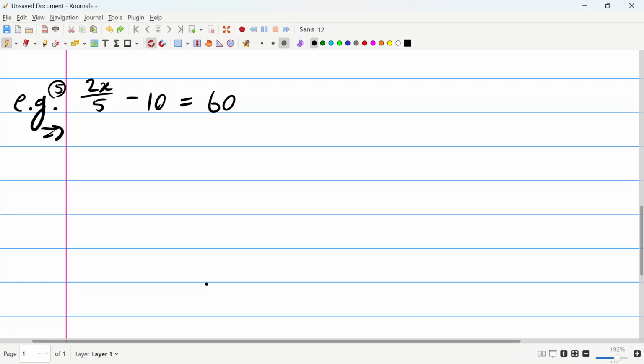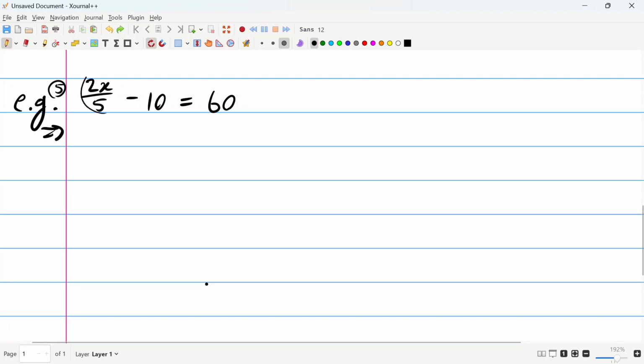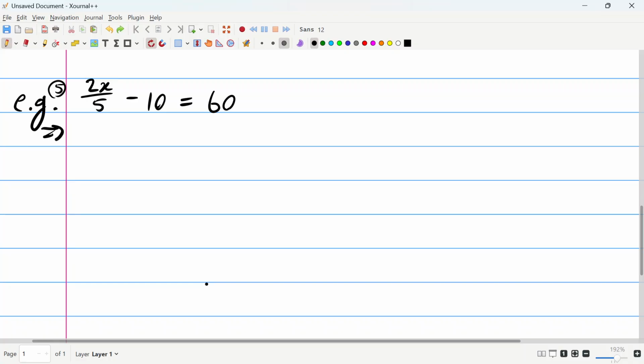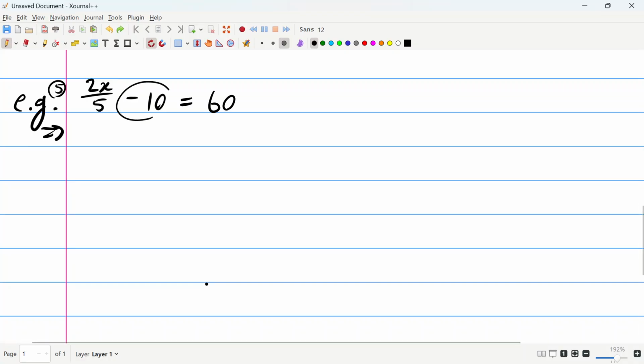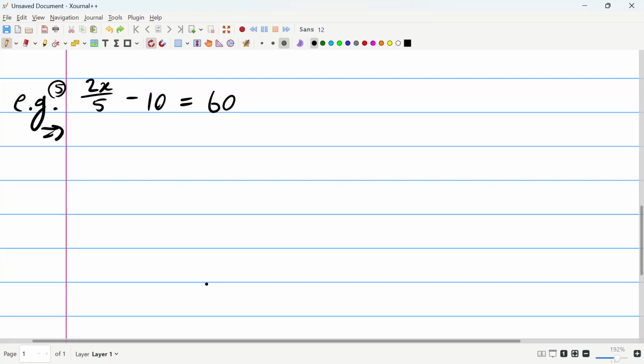So the best approach right now is not to multiply or divide both sides by something to get rid of something from x here, but to rather get rid of this first, so that we are able to comfortably multiply and divide both sides without worrying about the two terms that are lying on the one side. So meaning, in order to get rid of negative 10, we need to add 10 to both sides.